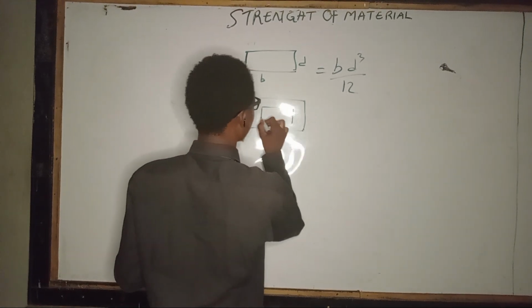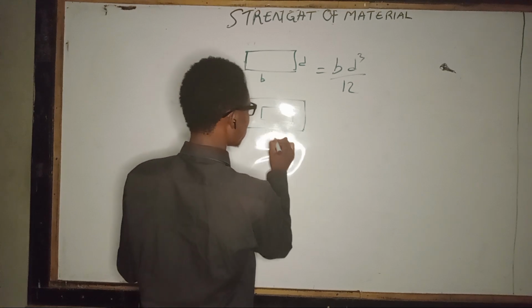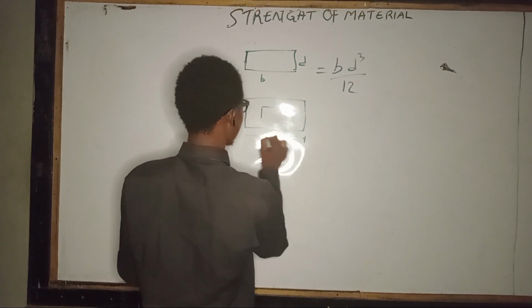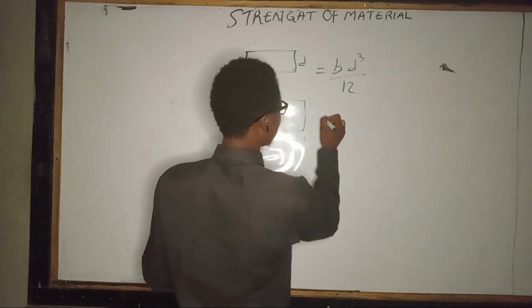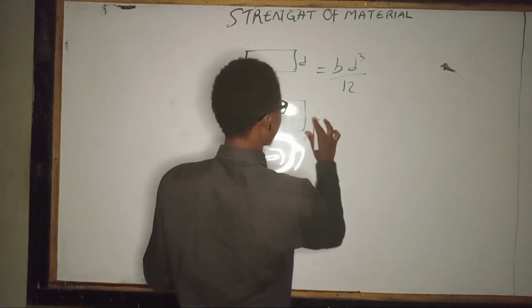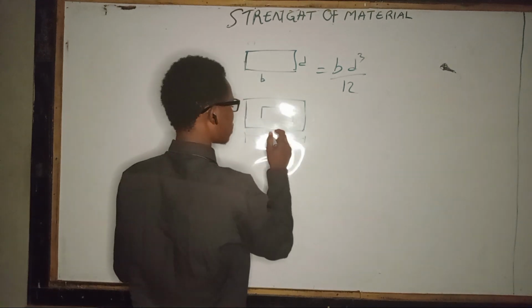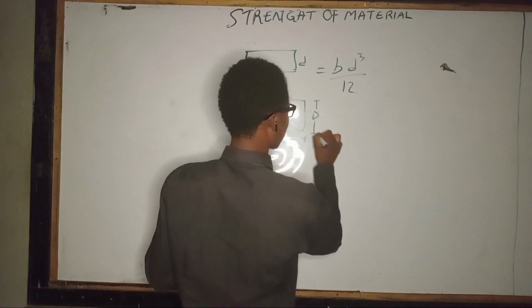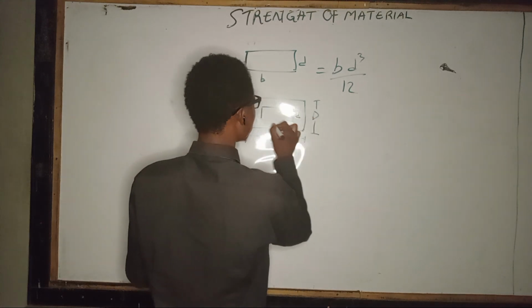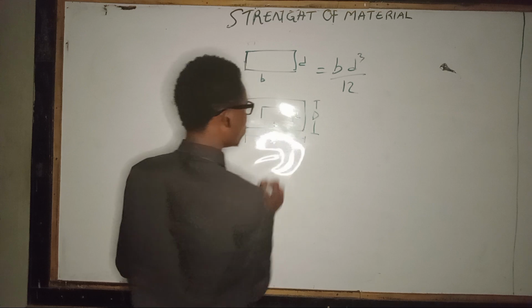That is a box like this, whereby we have this. Now the base is B, that is from here to here. We have this depth D. No, let's put this capital letter B and this capital letter D, while this is small d and small b.